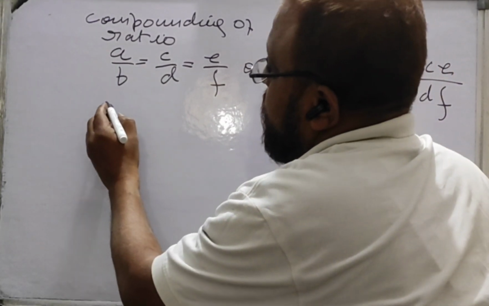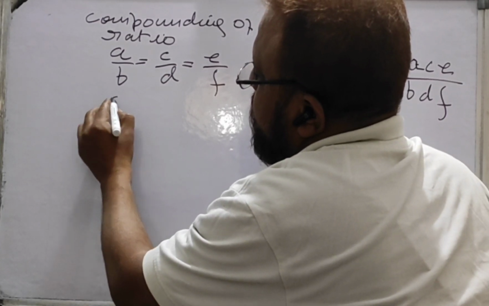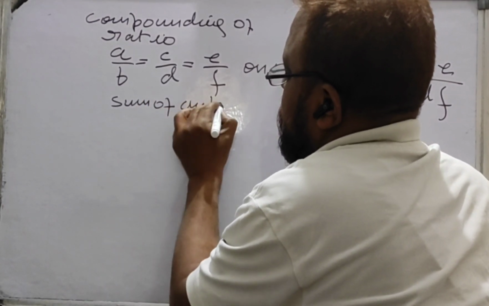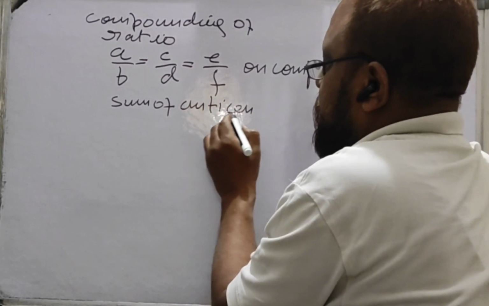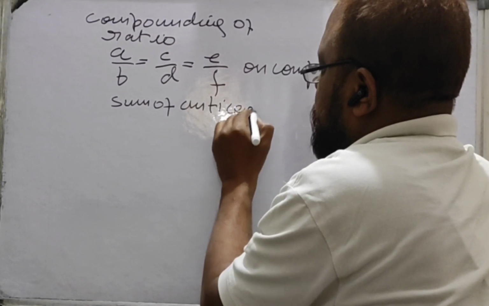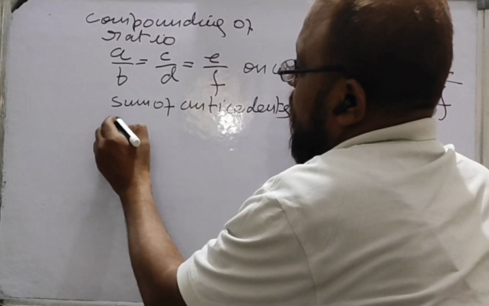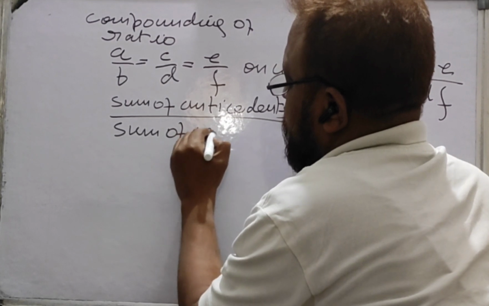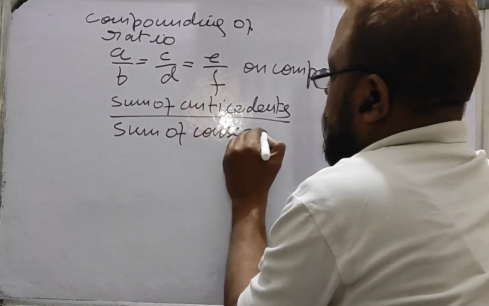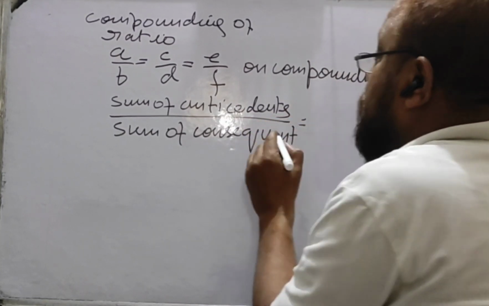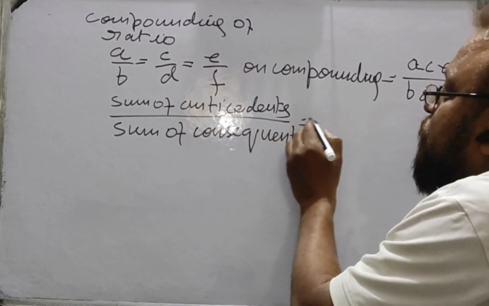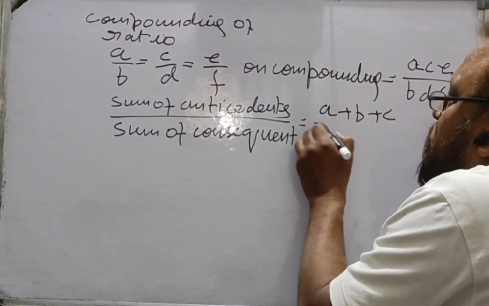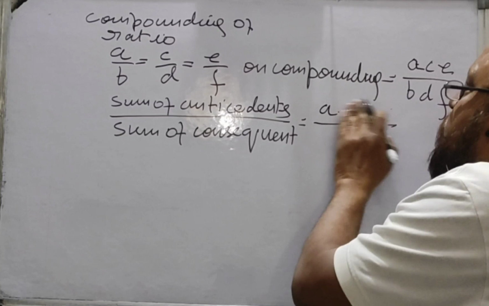And sum of antecedents upon sum of consequents is equal to a plus c plus e upon b plus d plus f.